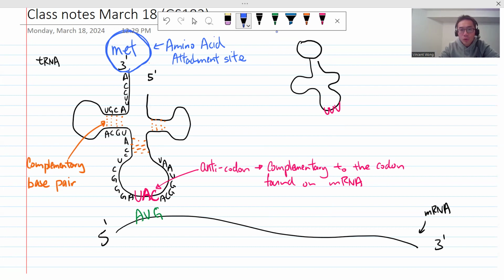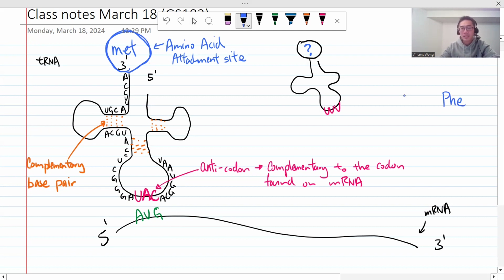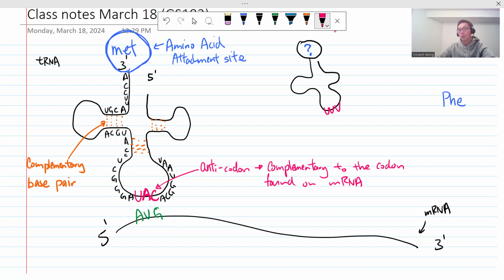If it's UUU, can you tell me what the amino acid would be? PHE, okay, I hear people say PHE. Anyone else? If the anticodon is UUU, what amino acid is it going to be carrying?